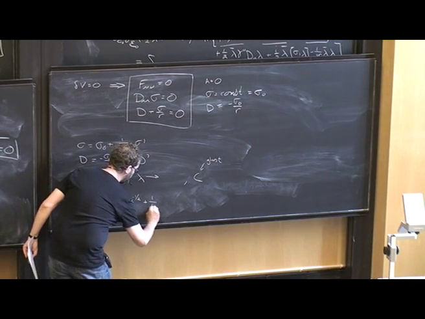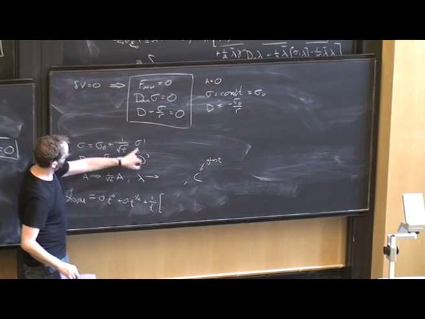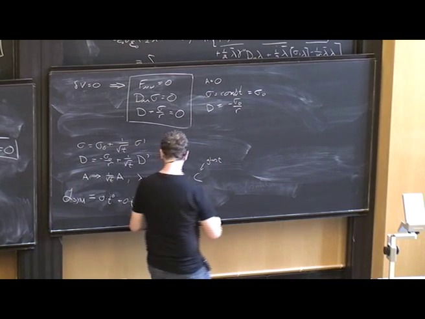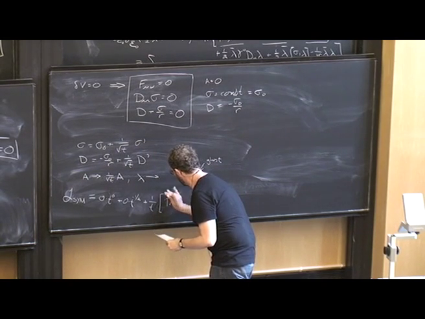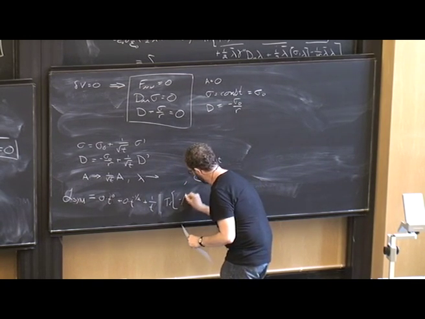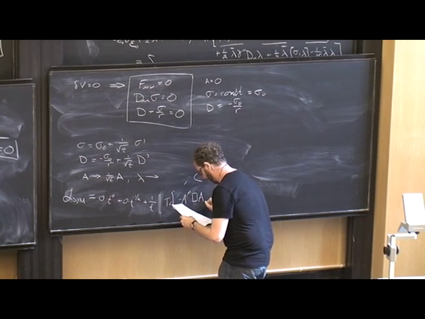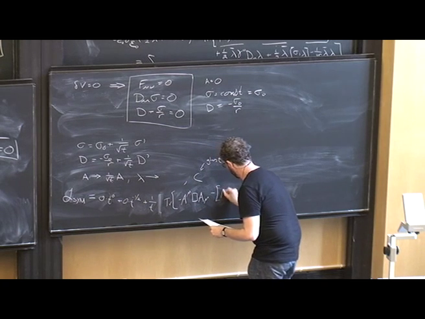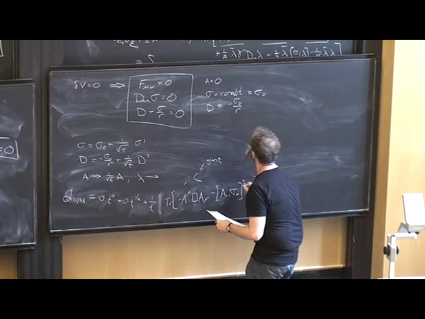Plus 1 over t, and now everything that is quadratic in these fields. So we're going to have trace of minus A mu box A mu minus A mu commutator sigma naught squared.